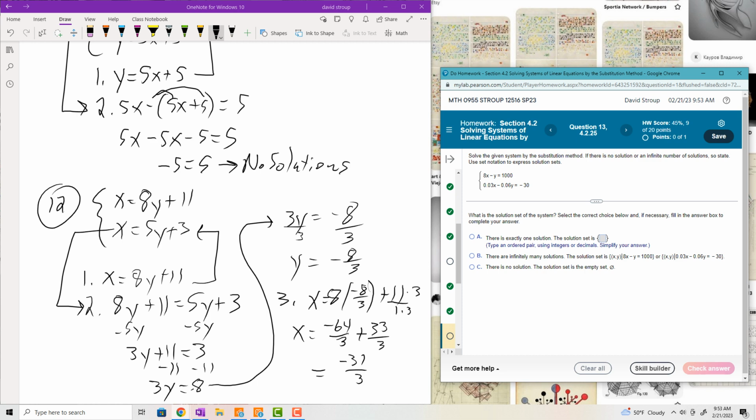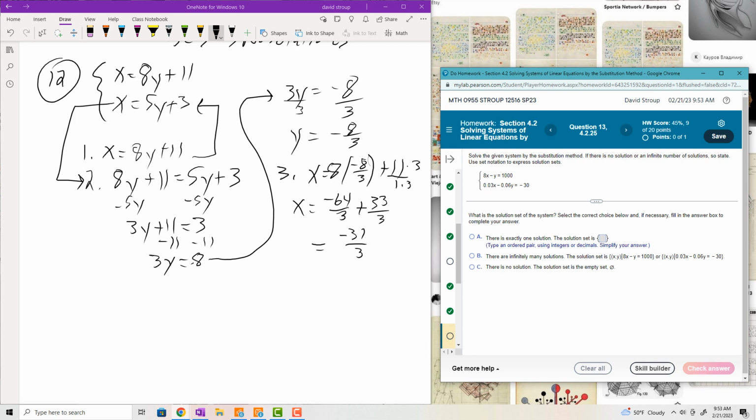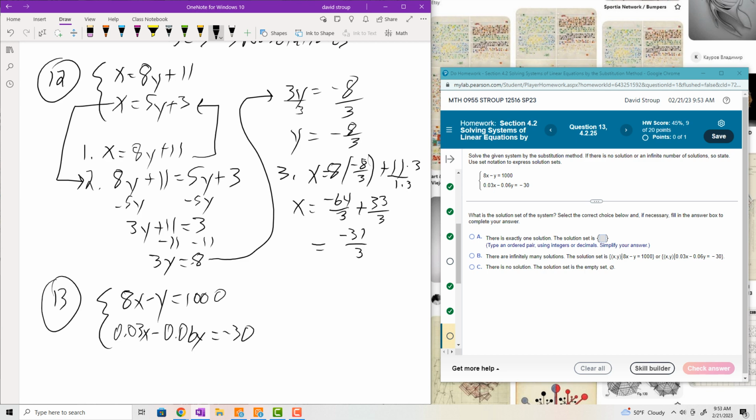Okay. This guy has some decimals. You may want to multiply through to get rid of the decimals. It's not a bad idea to do that. So 13, I have 8x minus y equals 1,000. And then the other equation, 0.03x minus 0.06y equals negative 30.